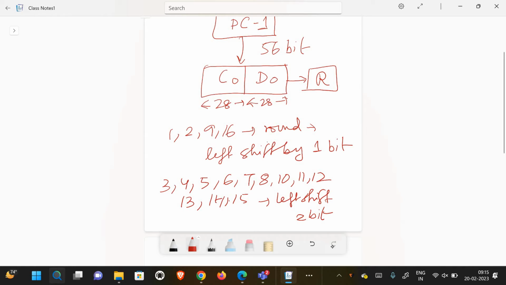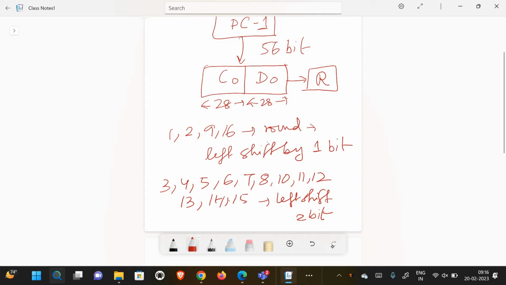So C0 and D0, suppose this is the first round we are talking about. If it is the first round in which the key is generated, then one left shift will happen for both C and D. And if it is the second or third round, then there will be a 2-bit shift that will take place.